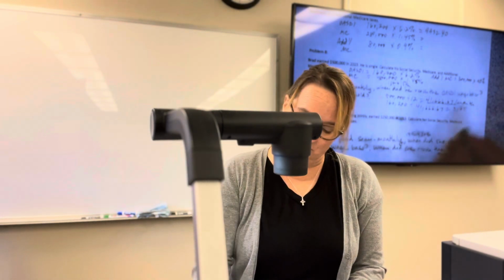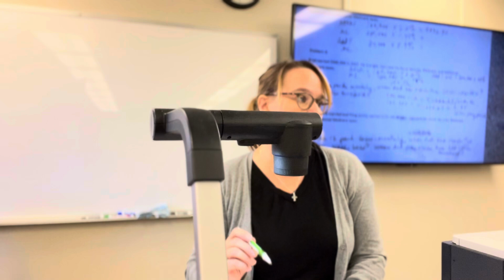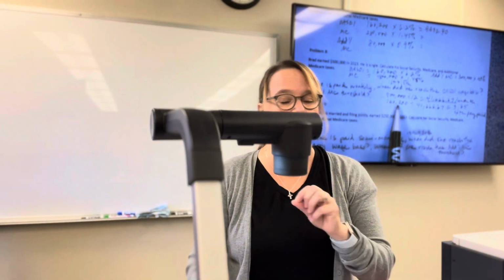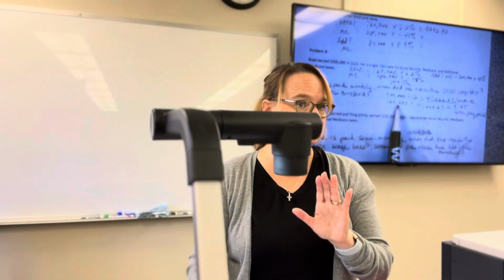Okay, so this means that during the fourth pay period, he reaches that 160,200. So during that pay period, they're going to have to do the calculation to figure out how much is subject to Social Security tax and how much is not subject to Social Security tax. Does that make sense?